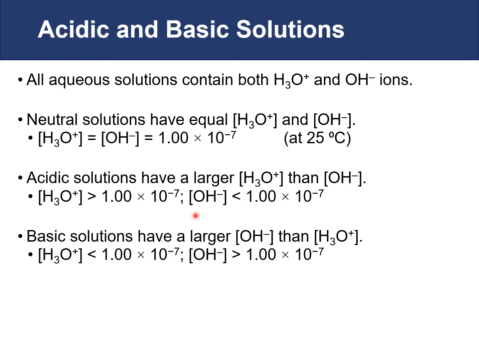Basic solutions are ones that have a larger concentration of the hydroxide ion, OH-, than they do the hydronium ion, H3O+. So for basic solutions, the concentration of hydronium ions, H3O+, will be less than 1.00 times 10 to the negative 7th, and the hydroxide ion concentration will be greater than 1.00 times 10 to the negative 7th for solutions that are at 25 degrees Celsius.